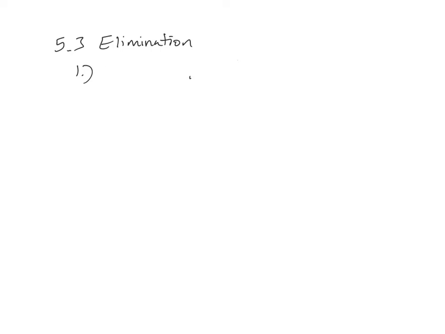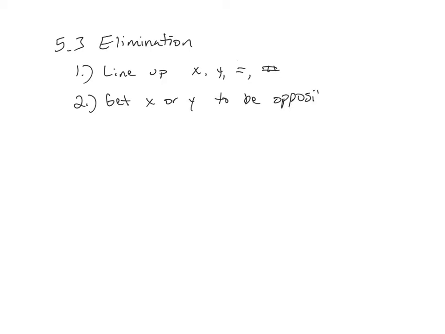And most of the time you don't have to do this first step, but line up x, y, the equal sign, and the number. So you want them to be on top of each other. And most of the time it is, but every once in a while it's not. Then we're going to get x or y to be opposite. And what I mean by that is like 2 and -2, or 4 and -4.